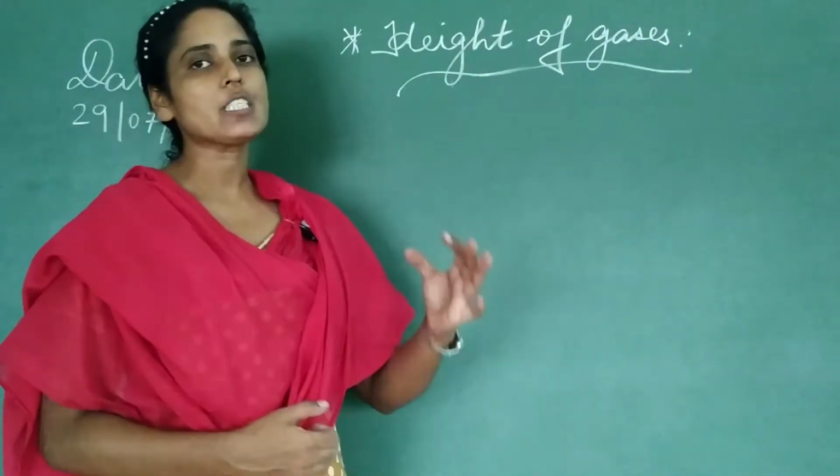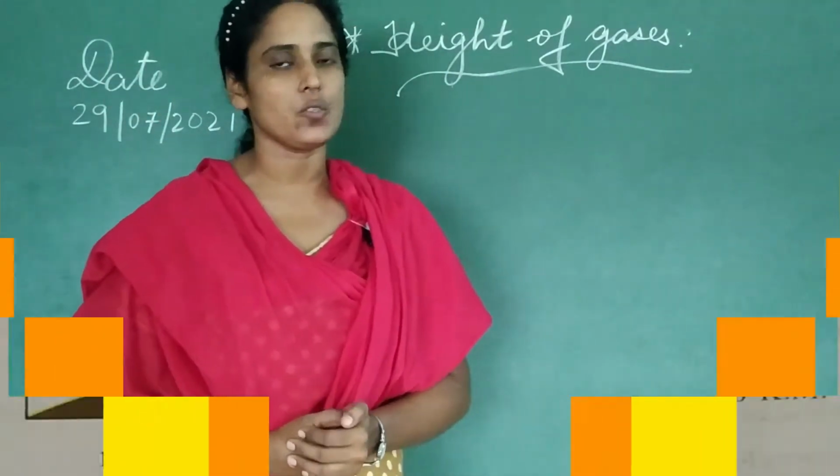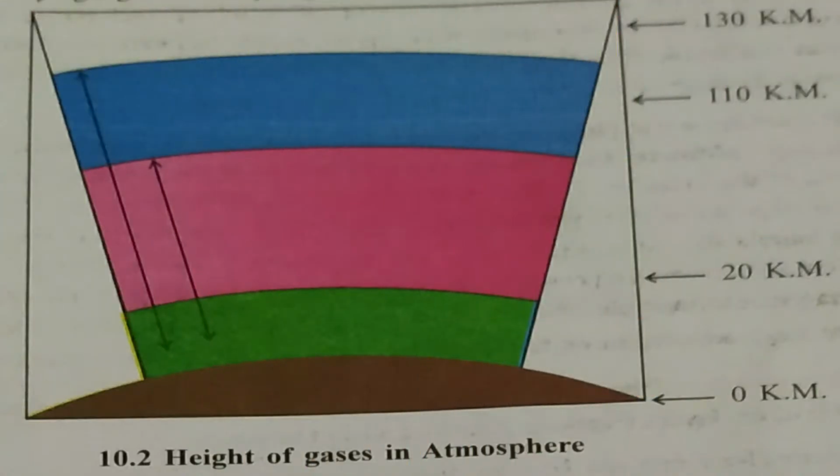And so we have this figure on the screen, students, height of gases in the atmosphere. See the figure carefully. What can we see on the screen? We can see that the blue colored shade is 130 kilometers above that. Then you have 110 kilometers, then you have 20, then you have 0. So we saw it now, students.